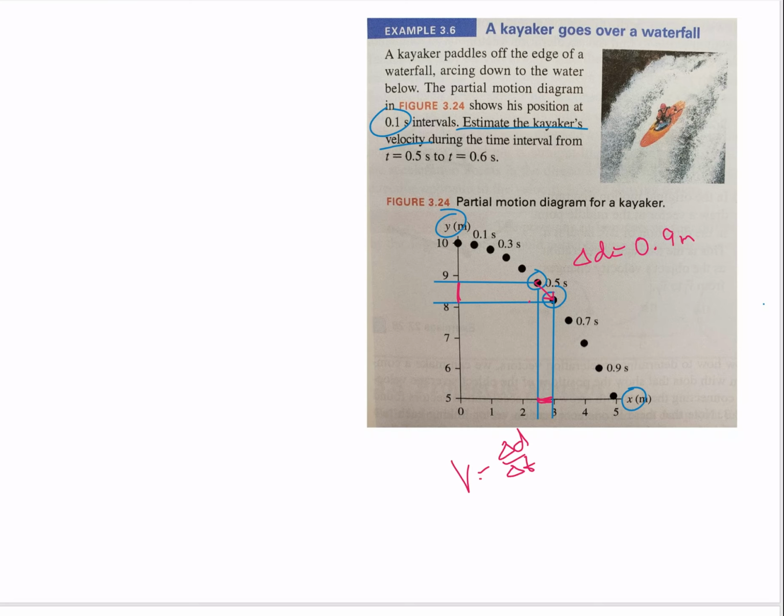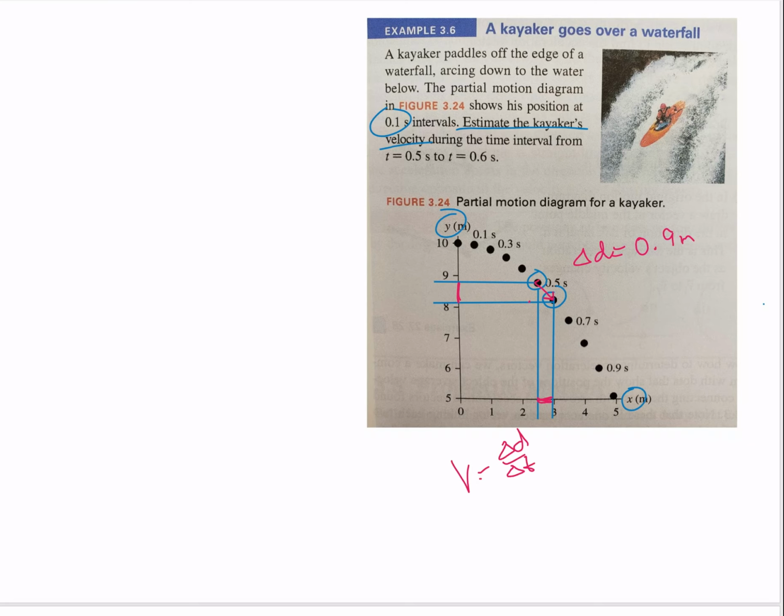Or did we just calculate the length of that vector and that's it? Well, it says estimate the kayaker's velocity, so we'd have to put it into something per second. So we could just take the 0.9 and times it by 10, and we get 9 meters a second, because it's going from 0.1 seconds to 1 second.